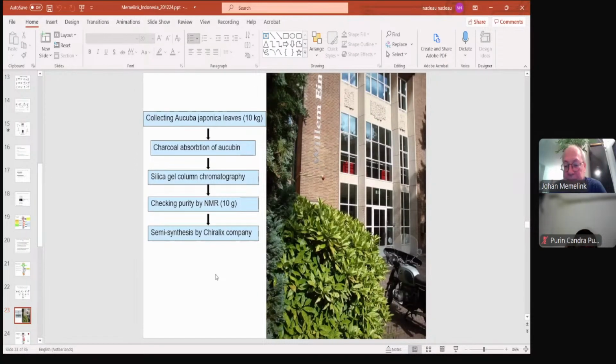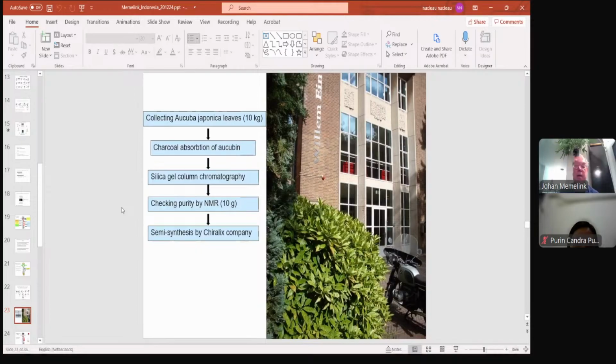And so we went on a Saturday morning when there's nobody around, with a large shopping bag, to this shrub and we just harvested the leaves. We harvested 10 kilos of leaves. Then we went to the lab, and there the leaves were extracted, and the alcubin was absorbed to charcoal and then purified by silica gel column chromatography.